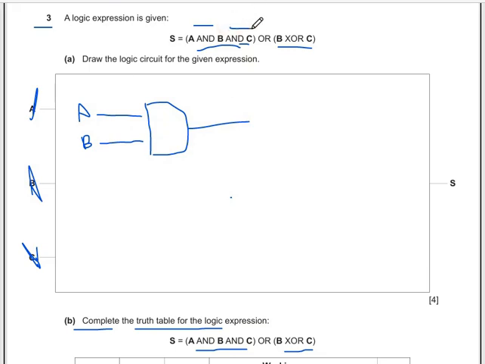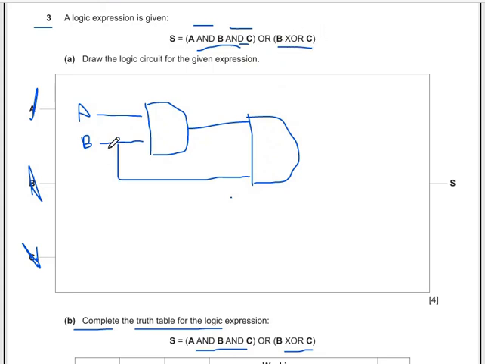So the third input is given, which is C. We will add a third input with the output of the previous two inputs. All right, so it is A and B. Now the thing is B XOR C.